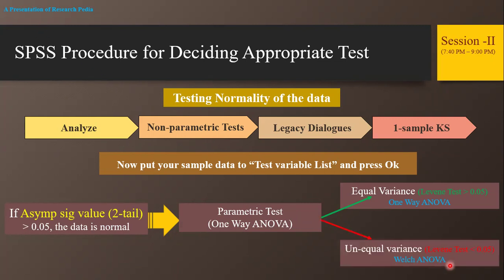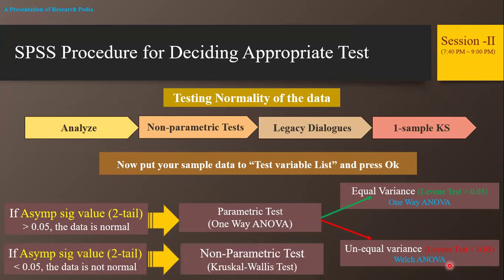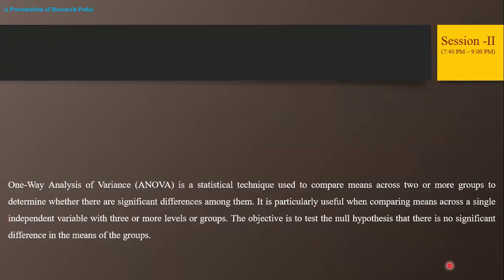If the variance is assumed to be unequal using the Levene test, with a sig value less than 0.05, you may use the Welch ANOVA. And if your data is not normal, you go towards the critical values test, which is the non-parametric procedure for more than two groups. So this is the normal procedure.